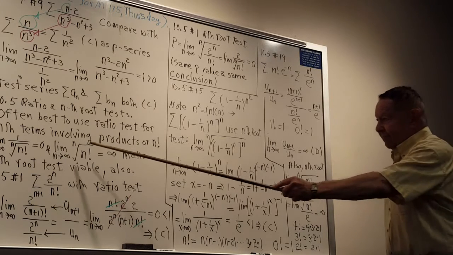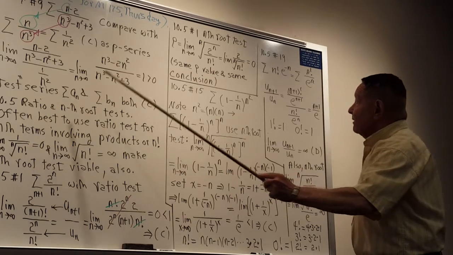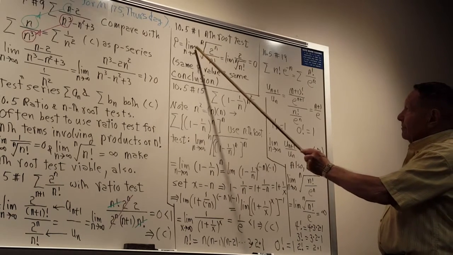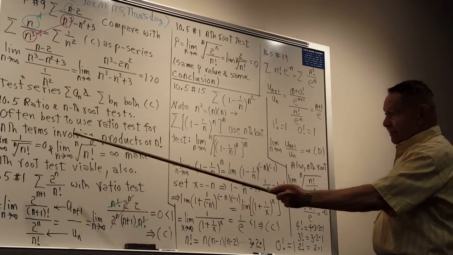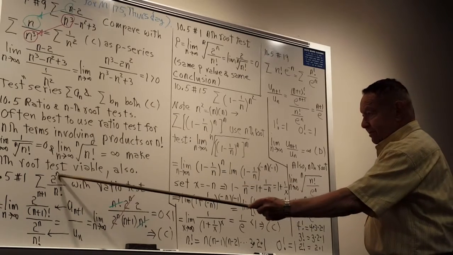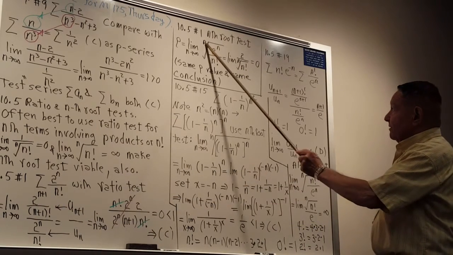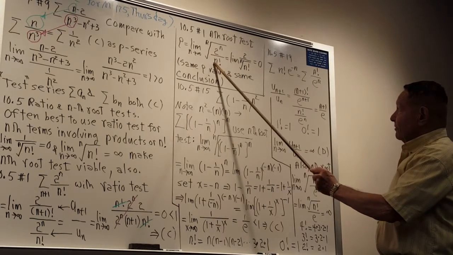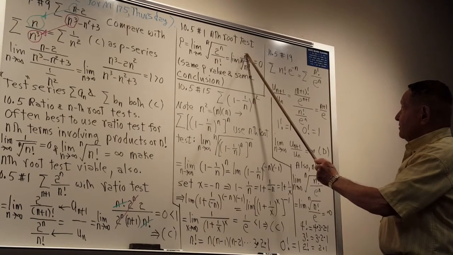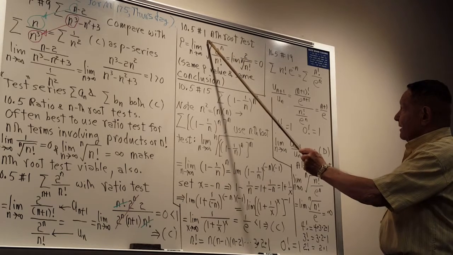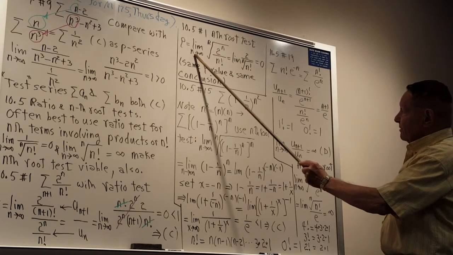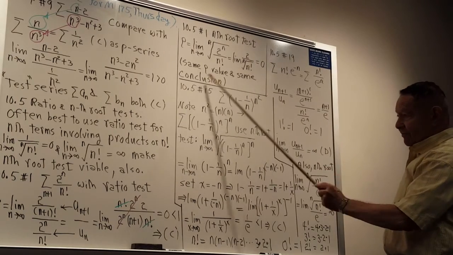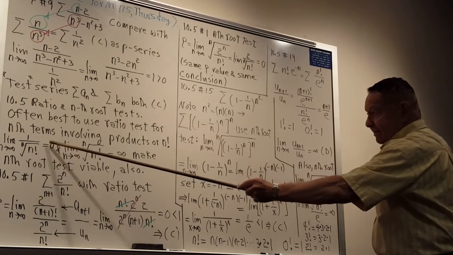If you have these limits available, you can also do the nth root test. Limit of the nth root, then, of your general term would be the nth root of 2 to the n, which is 2, times the limit as n goes to infinity of 1 over the nth root of n factorial, and that limit is 0.